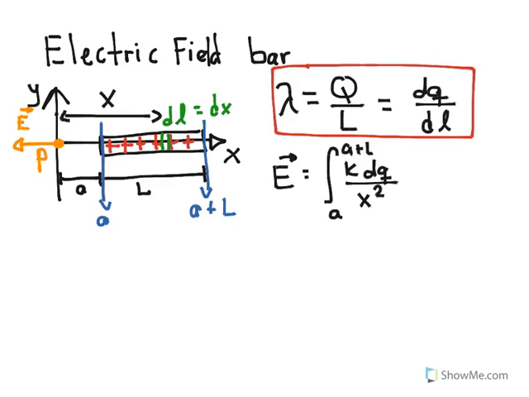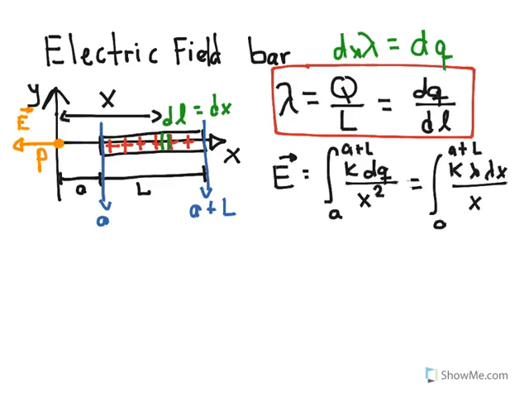We must change the differential of charge, and in this sense we are going to state that lambda is going to be equal to dq over dl, or dx, and then dx we can state here, such that in this case this will be equal to the integral from a to a plus L of k lambda dx over x squared.